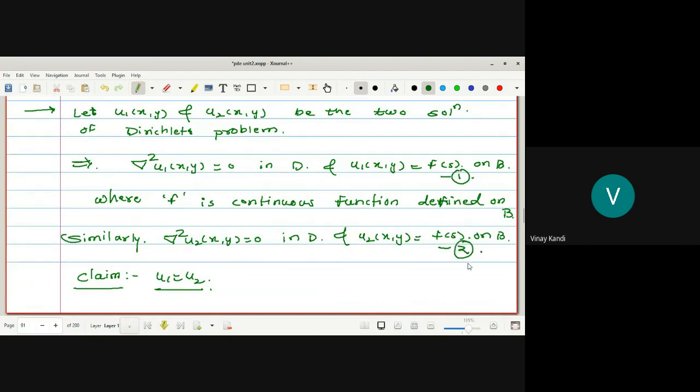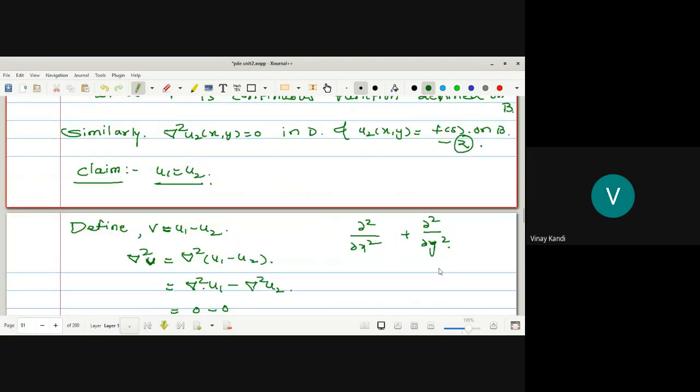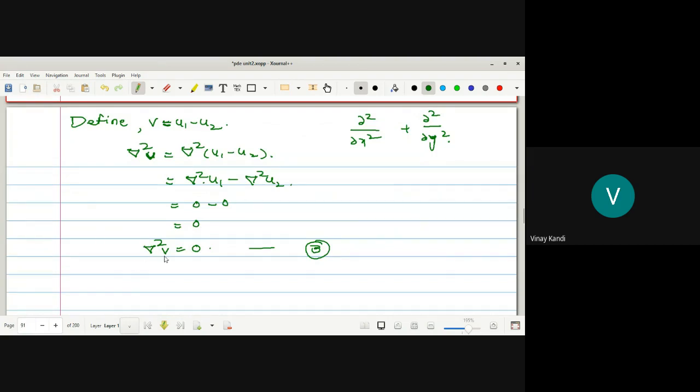As del square v is equal to 0, this implies v of xy is harmonic on D. This is a harmonic function on the region D. Any doubt up here? No, sir.